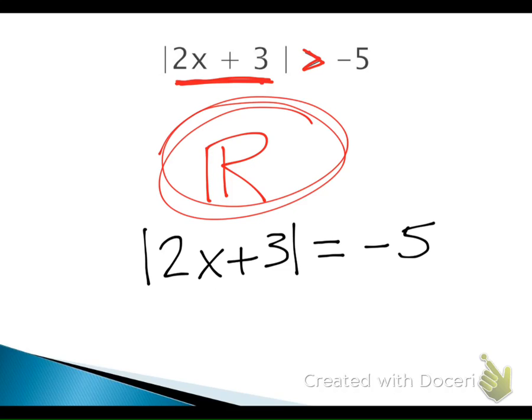Or less than. Less than would have no solution too, because think about it. You're saying a number 0 or more is less than -5. Would that ever happen? A number greater than or equal to 0 is less than -5. That would never happen, okay? So in this case, equal to or less than would both be no solution.